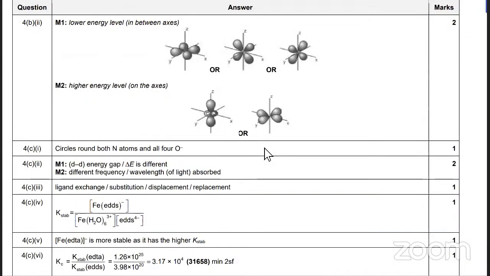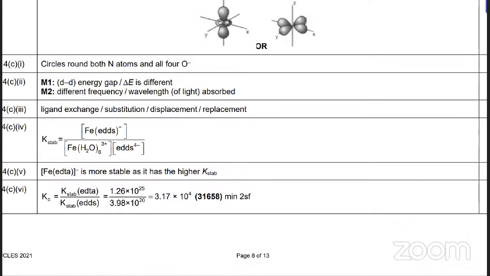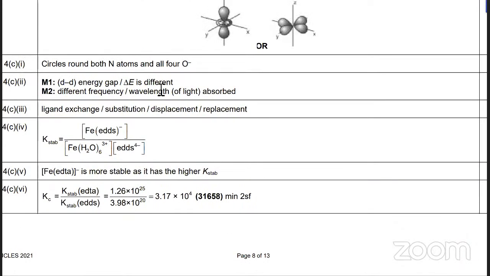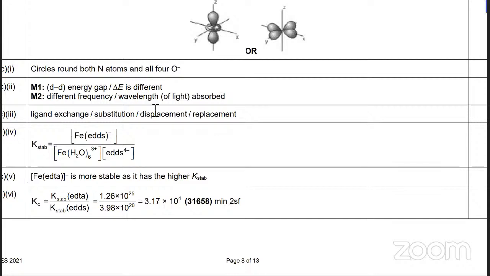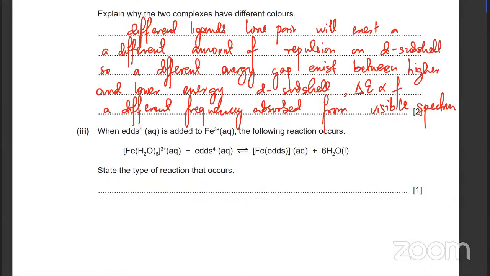I think they've just said that the delta E has to be different and a different frequency is absorbed. They weren't looking for the complete explanation, just these 2 points. Now, coming back to this, this was a total explanation. If they had given you 4 marks or 3 marks for this, you would write all of this.